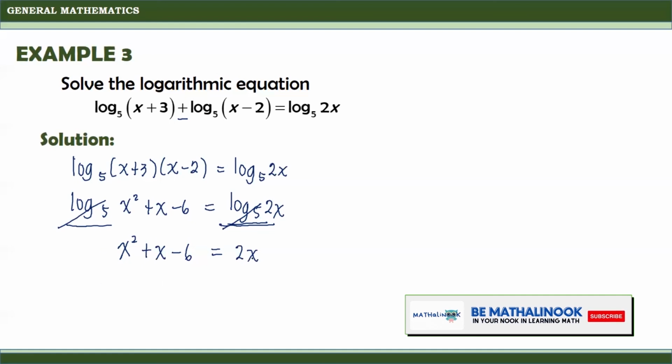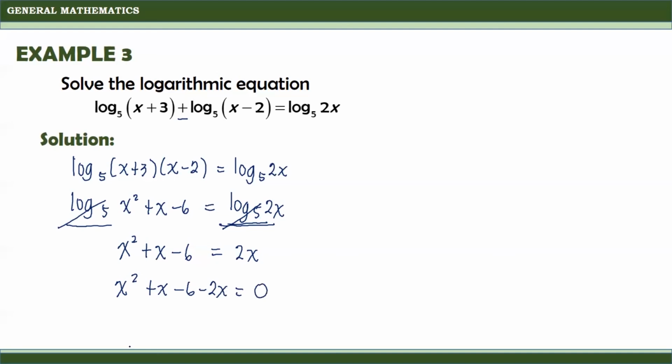Simplifying this equation, we will have x squared plus x minus 6 minus 2x equals 0. x squared minus x minus 6 equals 0 will be our resulting quadratic equation. Since we have a quadratic equation, we can solve the value of x by factoring.